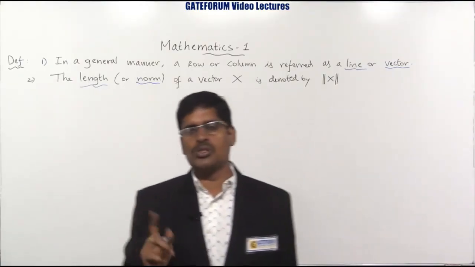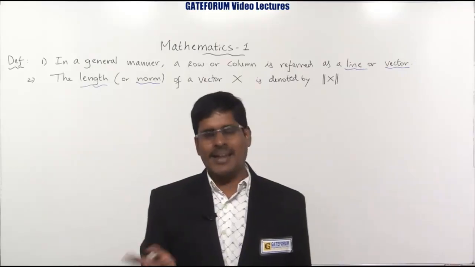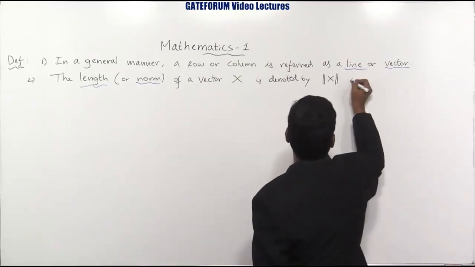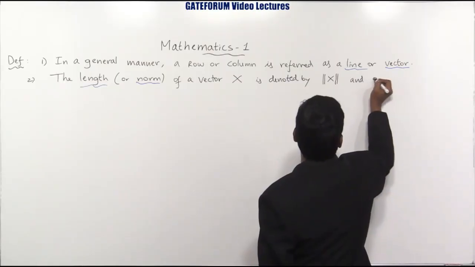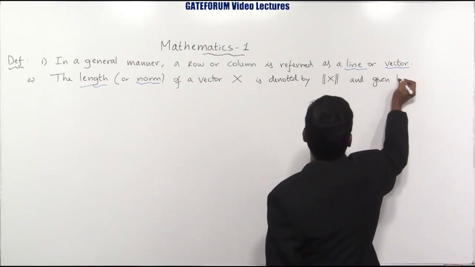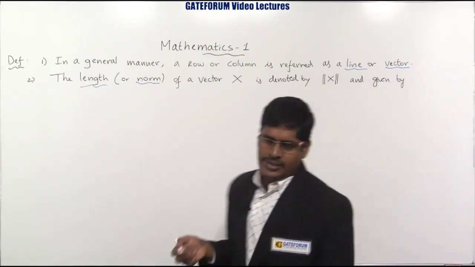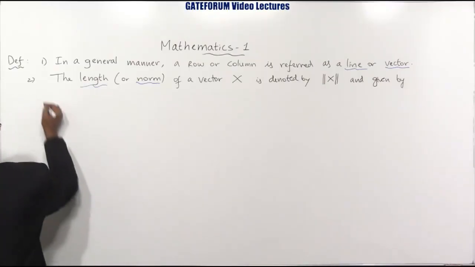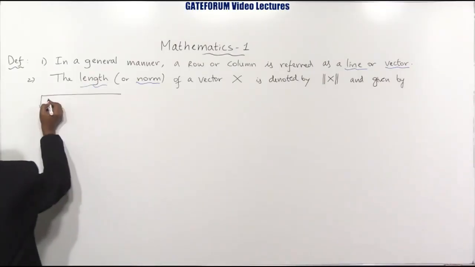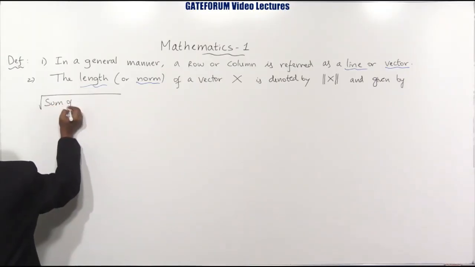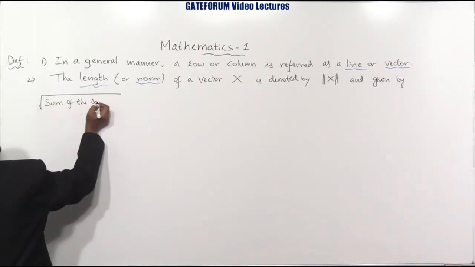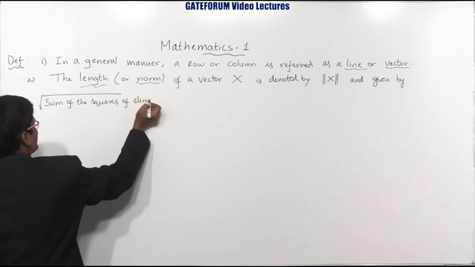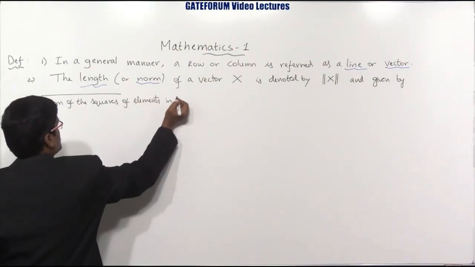If I write a single vertical line on both sides of a vector or a matrix, it is called the determinant symbol. So this is the length symbol. How do you find the length of a vector? Square root of the sum of the squares of the elements in X.